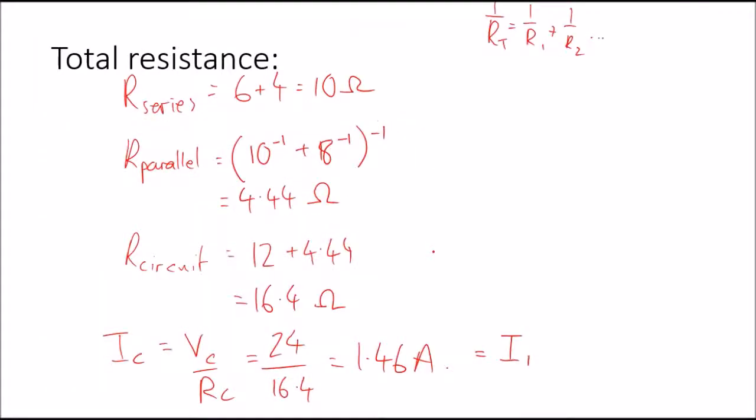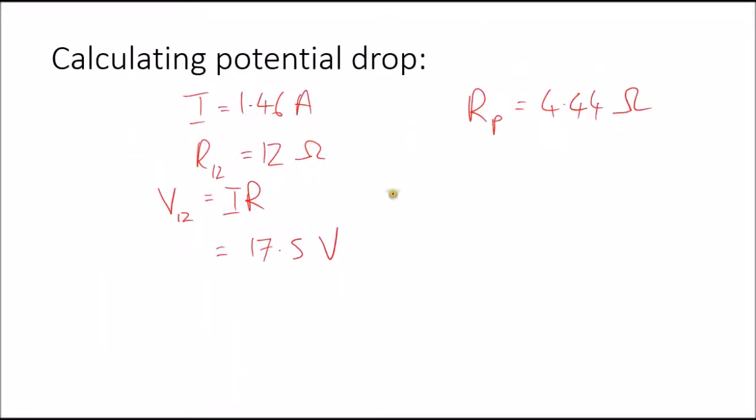So we could do the same calculation, but just using the different resistors. So V for the parallel part is going to be 1.46 amps times 4.44 ohms, and I get 6.5 volts. So you can see that either way you do it, you get the same answer. These two values add up to 24.